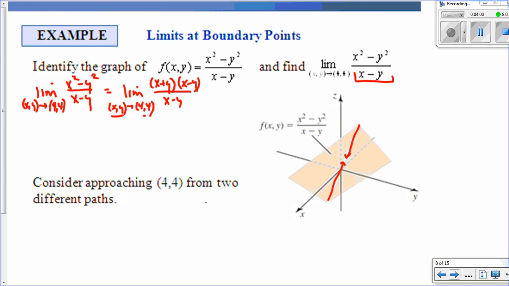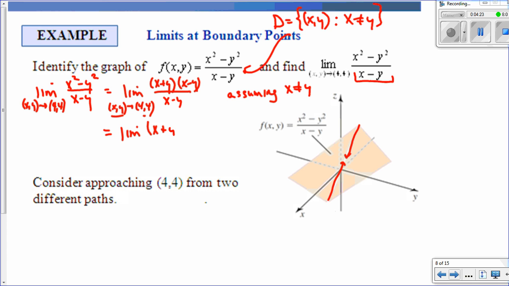So assuming x and y are not the same, which of course we can see the domain of this function is all the points so that x is not equal to y, you approach (4,4) from any point in the domain, and this limit would be the same as the limit of just x plus y, because we could cancel those common factors if x and y are different.